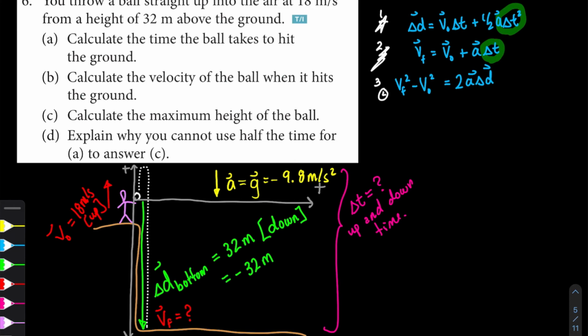But we don't actually have the final velocity, so equation 2 wouldn't be a really good candidate. This means that we narrow it down very quickly to equation number 1. So we're going to rewrite this equation, and then we're going to substitute in the information that we are given.